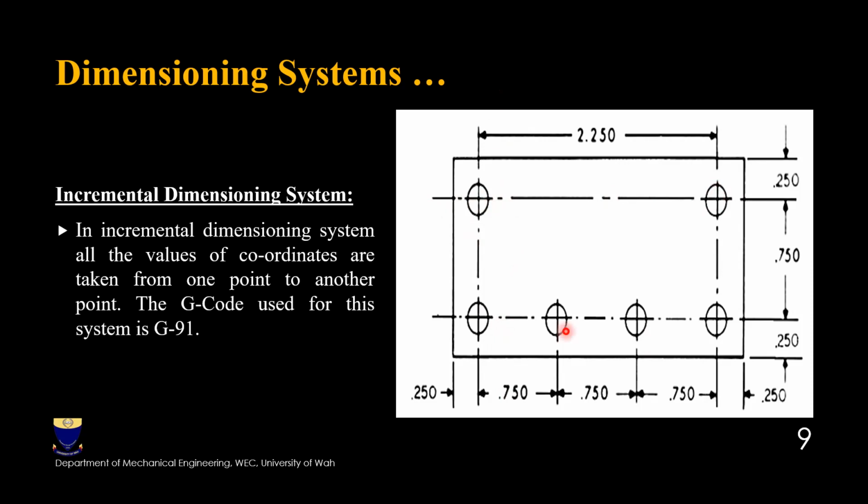So now the disadvantage in incremental dimensioning system: if you drill this hole and the next increment is 0 by human error, let's suppose this is x 0.25 and y 0.25 in incremental dimensioning system, and you have to feed 0.75. Instead, you skip the 7 and you just put in 0.75.